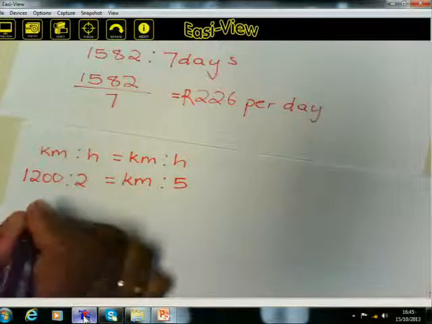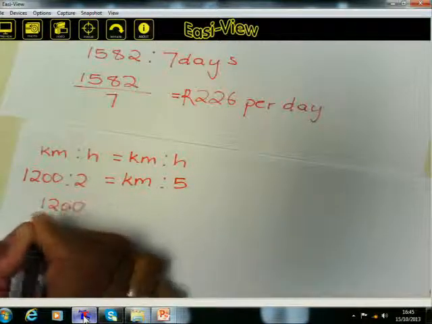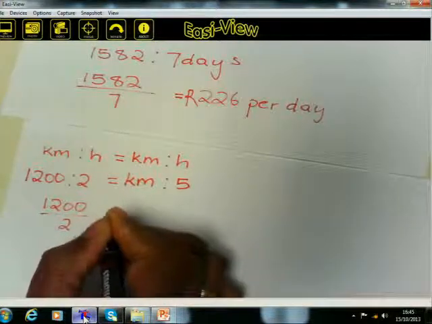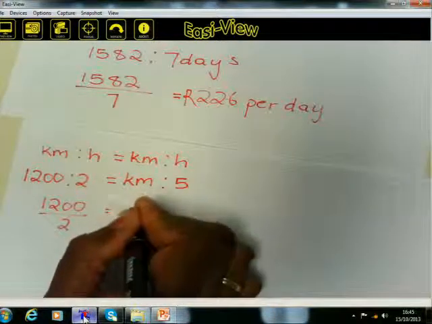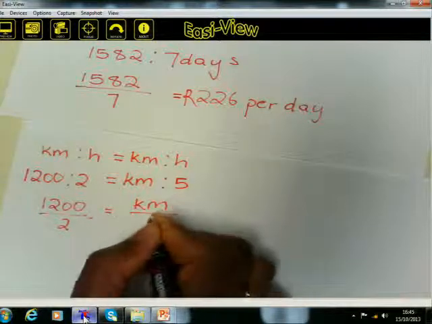So now again we're going to say 1200 divided by 2 is equals to kilometers divided by 5.